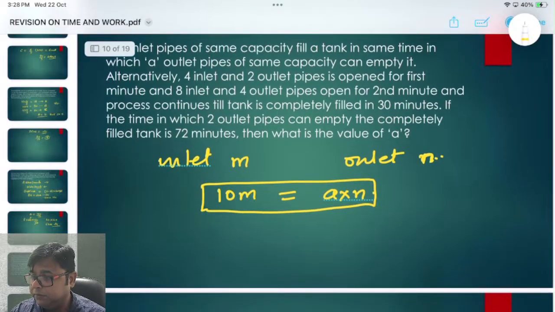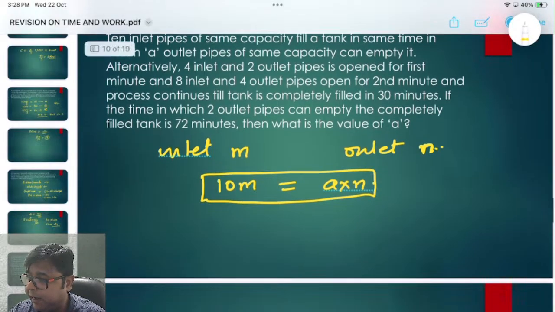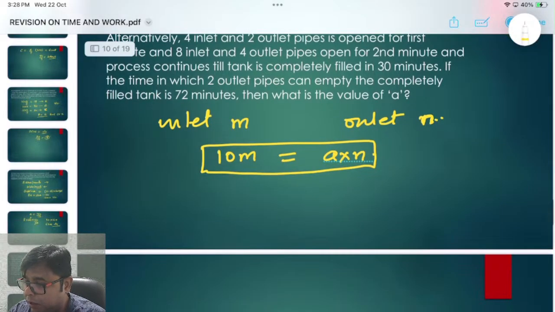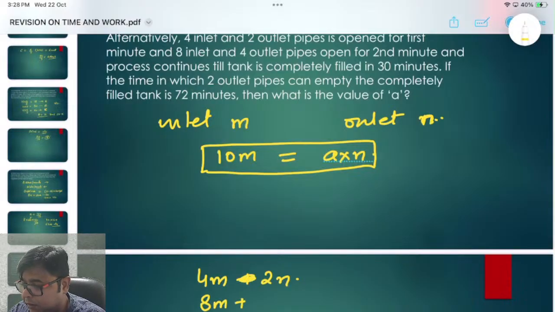Now, alternatively, 8 inlet pipes and 2 outlet pipes. That means 4M plus 2N in the first minute, then 8M minus 4N in the second. If they are doing this, the tank gets filled in 30 minutes.